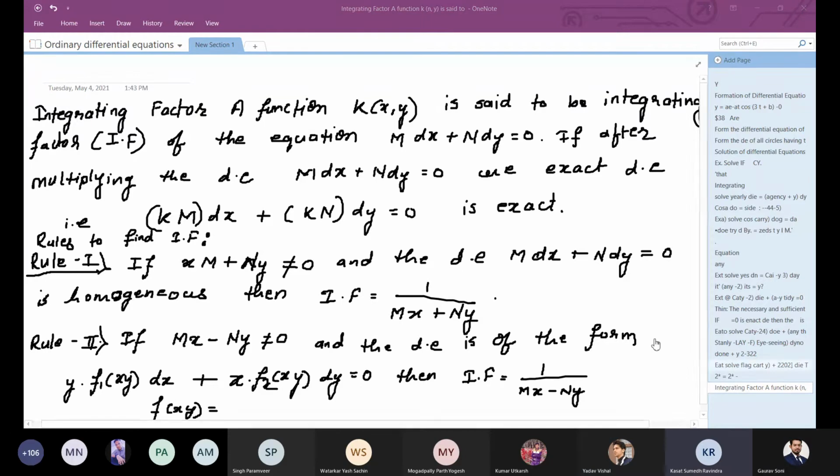Yes. A function of xy is implicit, which means it cannot be separated. Then it must be having a product of xy. Let's leave everything and can you make some example where you will have f of xy?